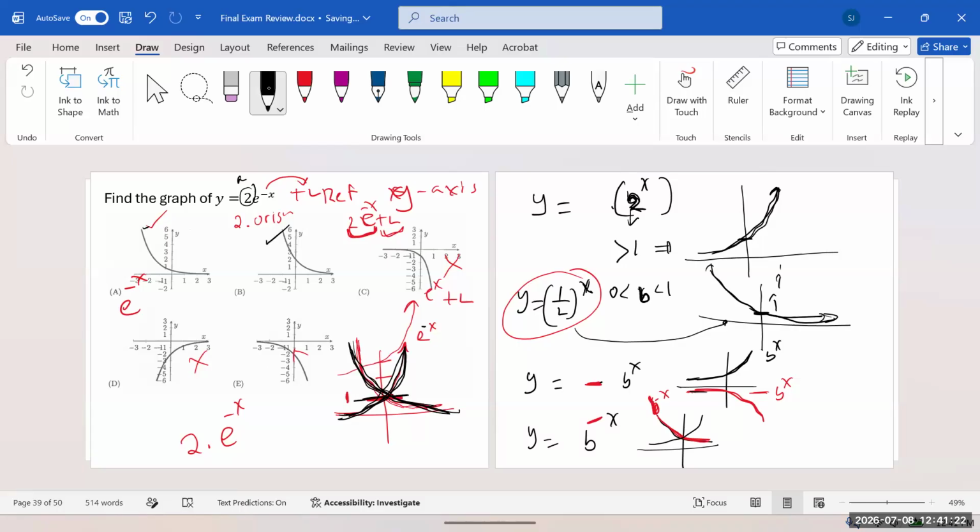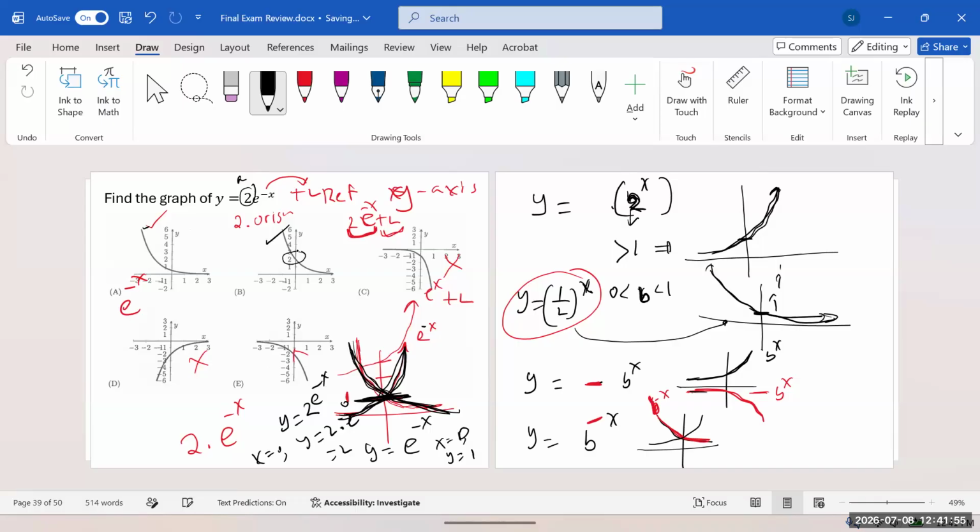Now, if you look at the Y-intercept, if you have e to the negative X, when X is 0 you get e to the 0, which is 1. But we have Y equals 2 e to the negative X. So when X is 0, Y is 2 times e to the 0, which is 2.